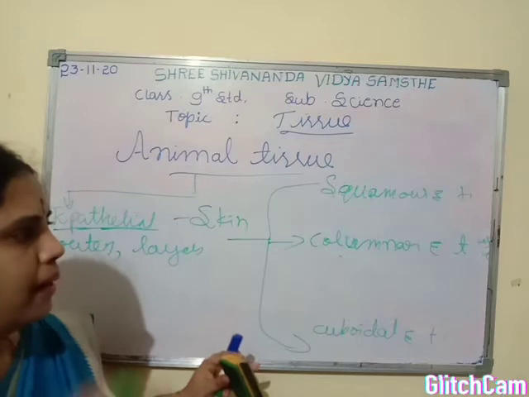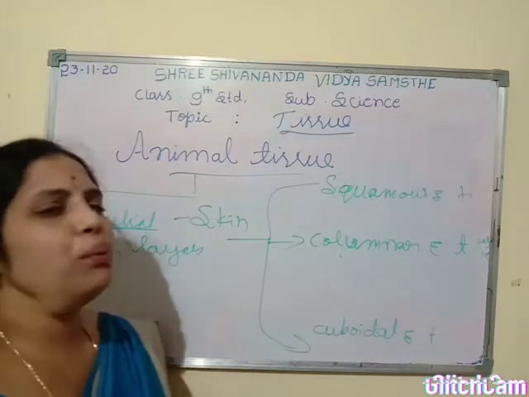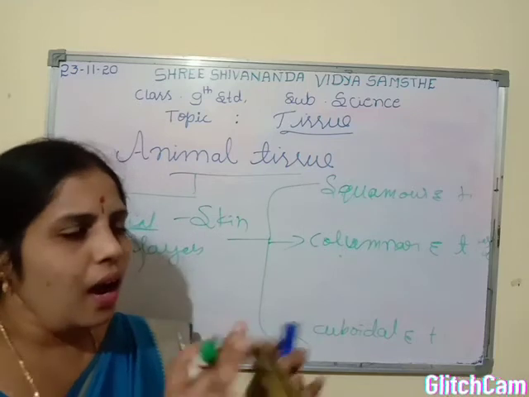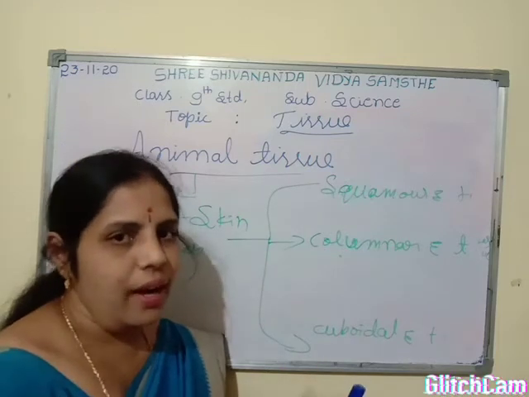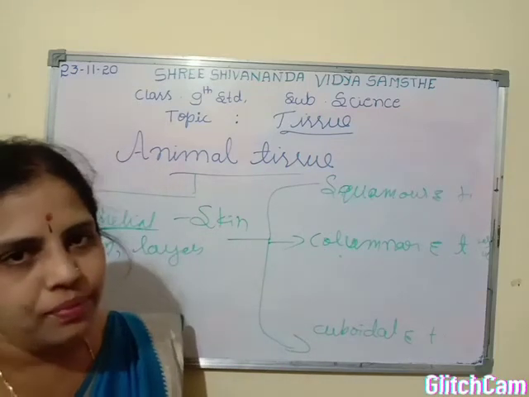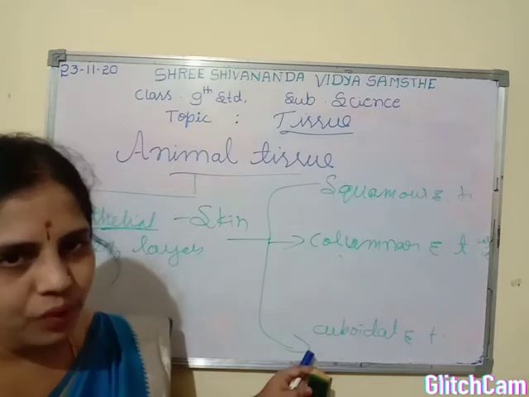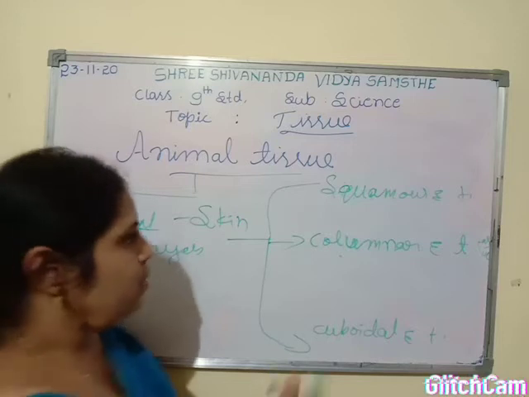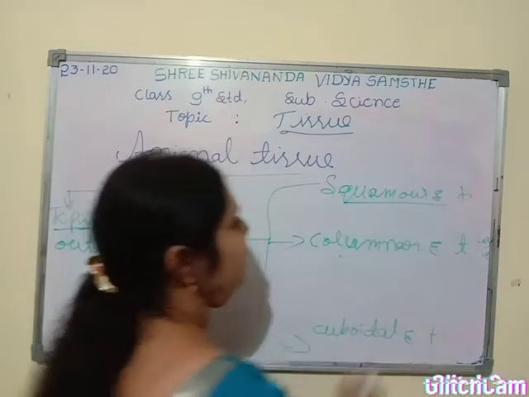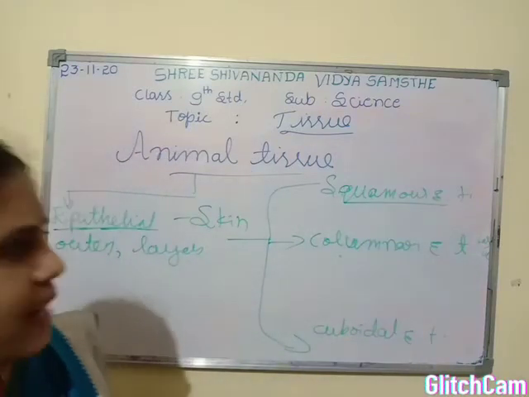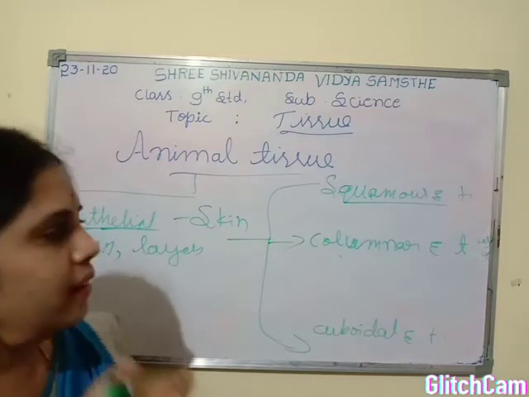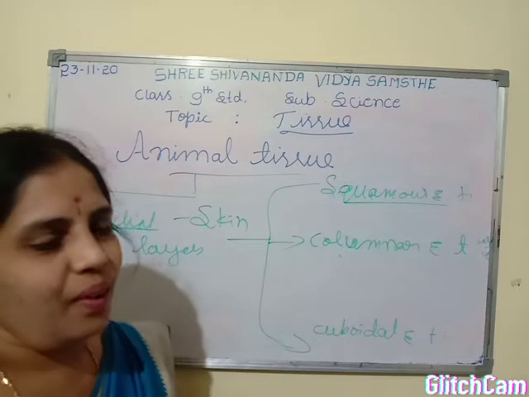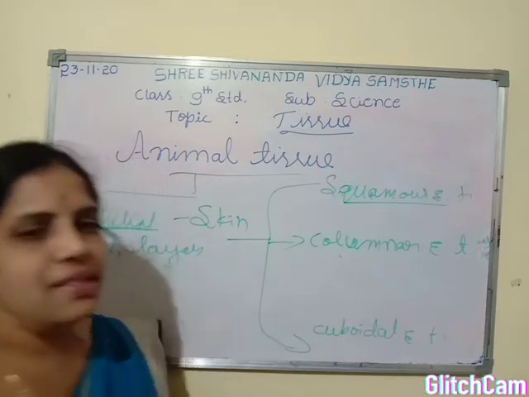Here you should come to know about their structure and function. How do they perform their function? That is the main concept here. Squamous epithelial, as the name says, has square shaped cells.